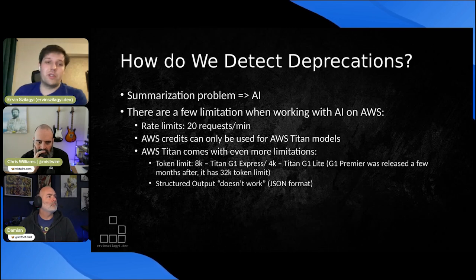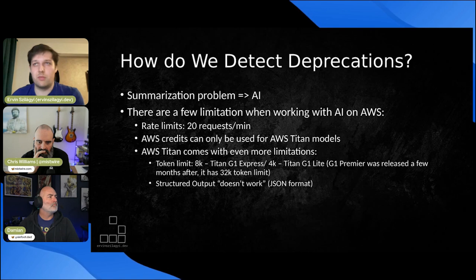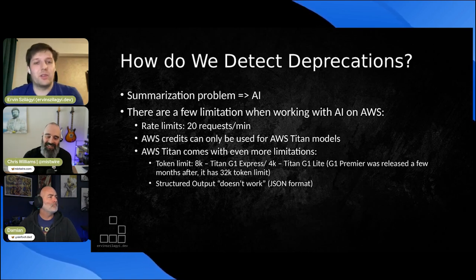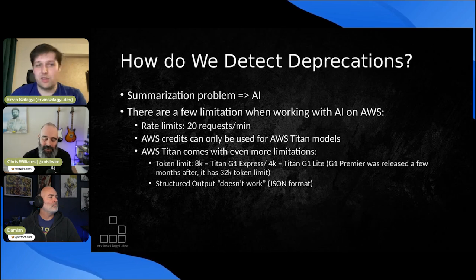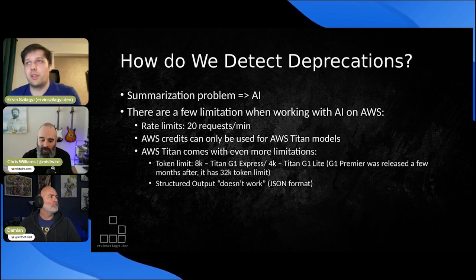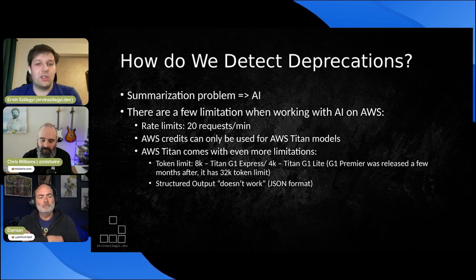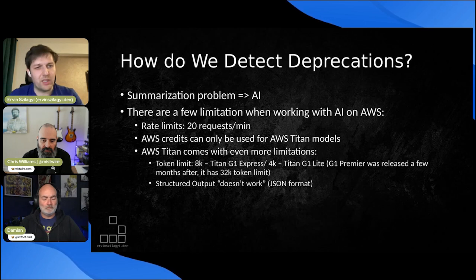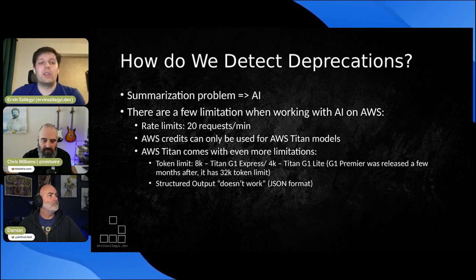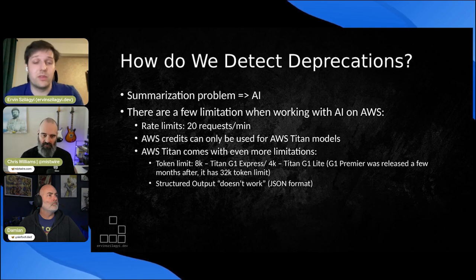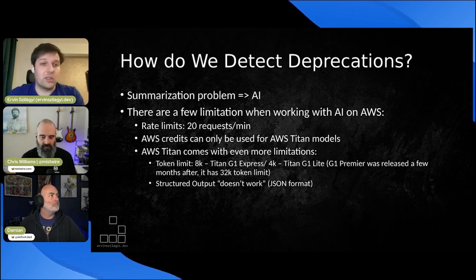This works with most of the Claude models, but I was never able to make it work with Titan. Titan just really didn't want to return JSON for me. I was using LangChain, which is a library for building with LLMs, and whatever prompt they have to build this structured output from the LLM, it was not working for me.